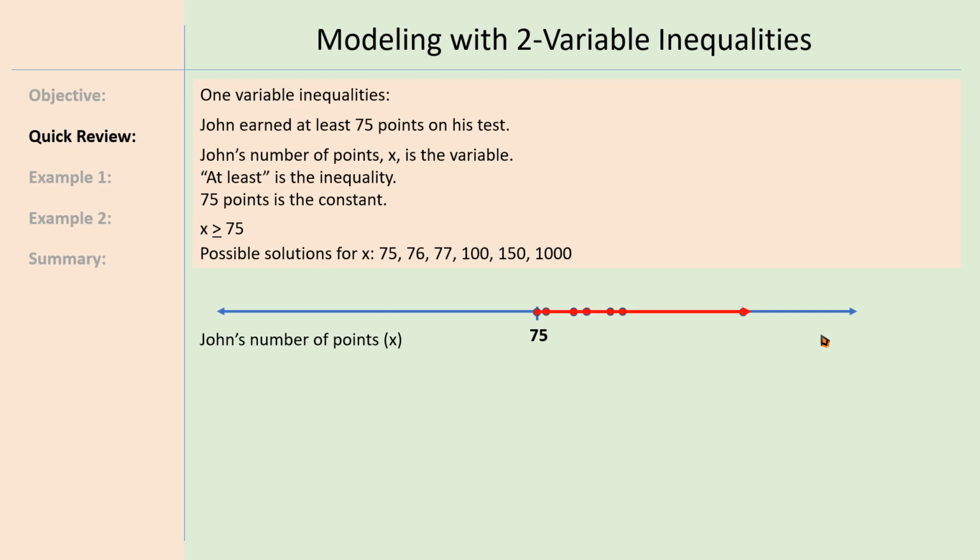All those numbers together become so many that we just make a line for it, right? We darken the right side, and we put an arrow saying anything on the right side here is a solution. Okay, now keep that in mind as we go on to do today's lesson.